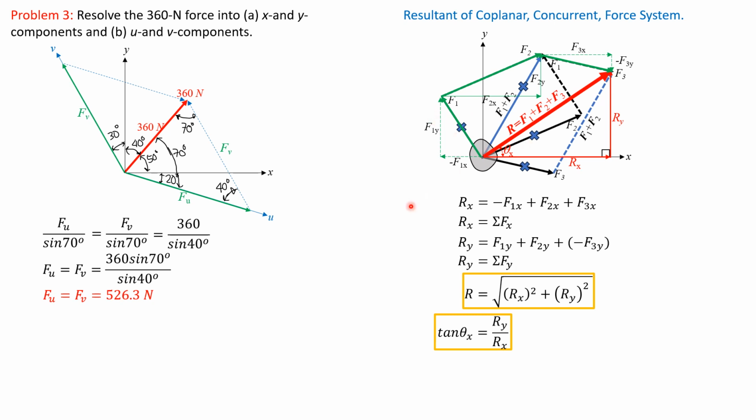If it lies in the third quadrant, both components are negative. In the fourth quadrant, the x component is positive and the y component is negative. Then theta may be measured from the positive x-axis in the counterclockwise direction, or you just draw the direction of the resultant and indicate the angle that the resultant makes with the x-axis. So that's the other way.